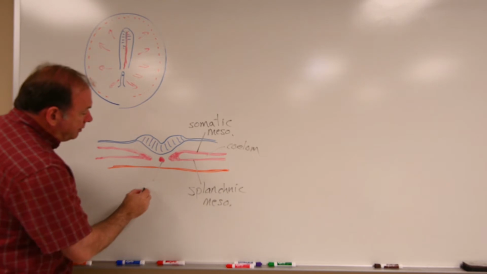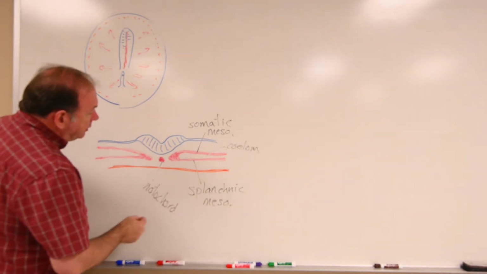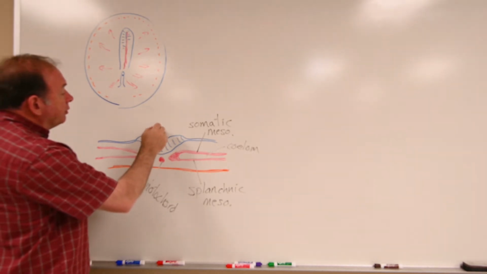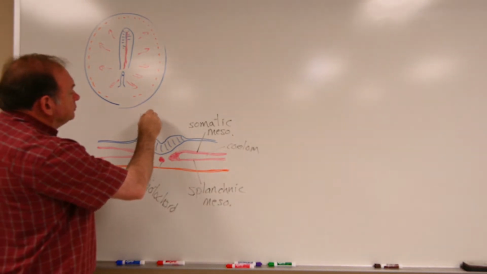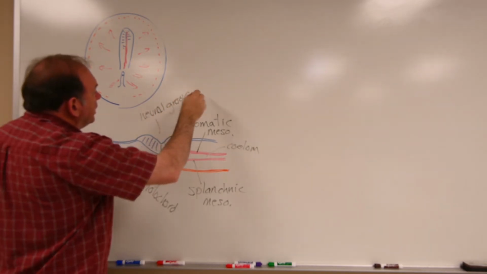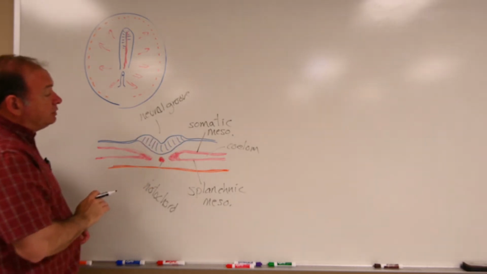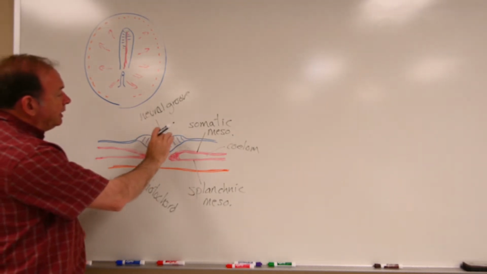Here's notochord. Notochord mesoderm. Here's our neural groove. From that initial layer of ectoderm forms a neural plate and then a neural groove.